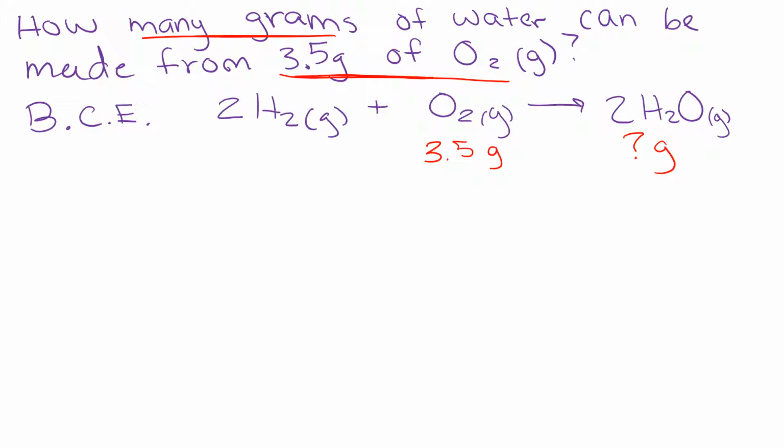When I'm dealing with ratios, and I'm dealing with this guy and this guy, in terms of ratios, I have to first get them to moles before I can use the ratios in the balanced chemical reaction. So what I've got to do first is convert my 3.5 grams of O2 into moles.